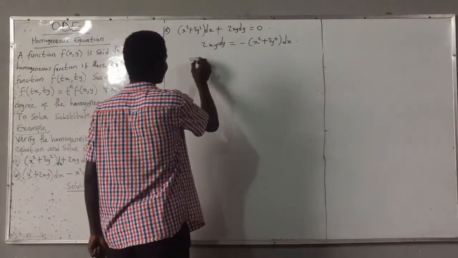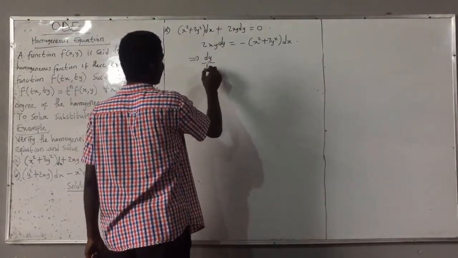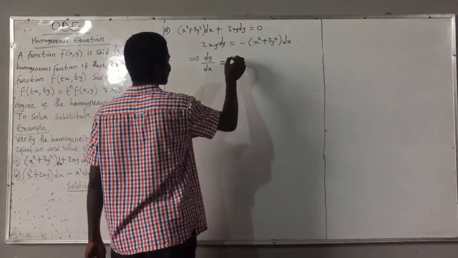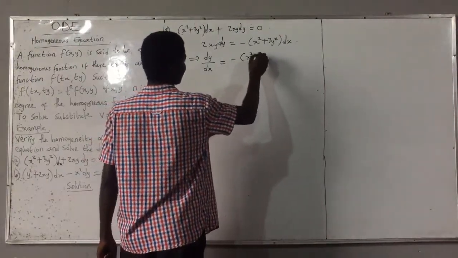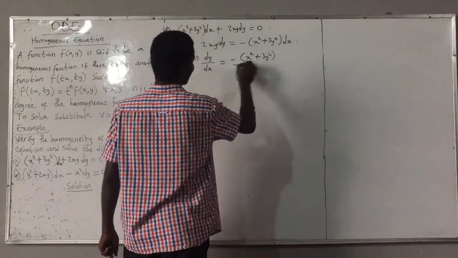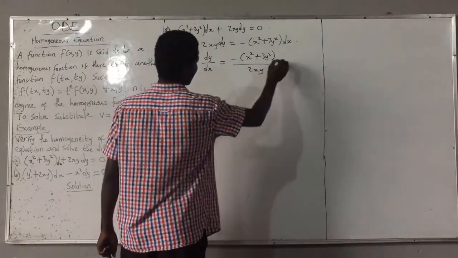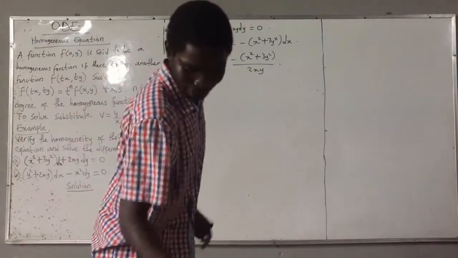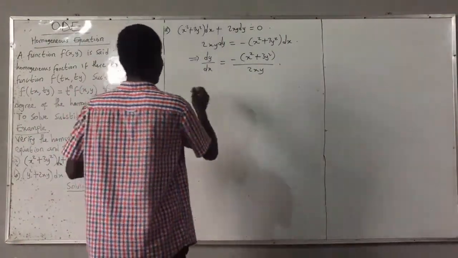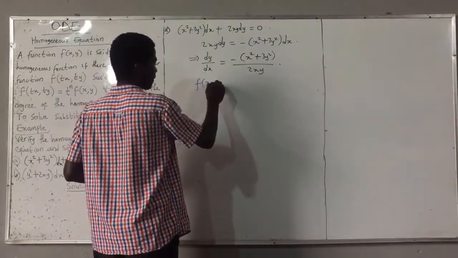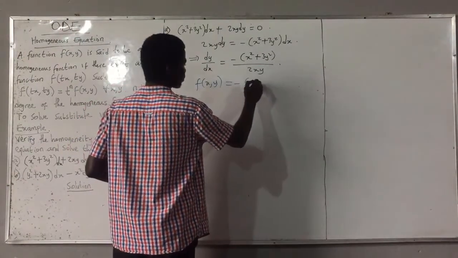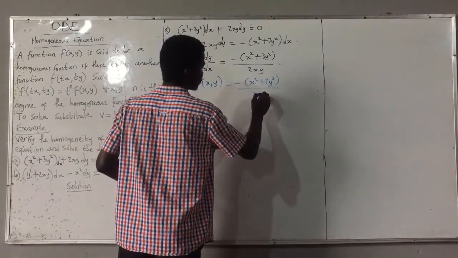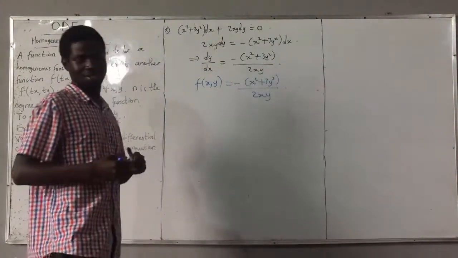So since it's not variable separable, make dy/dx the subject of formula. If you look at it very well, this one will come here, this one will come here. So dy/dx is minus x squared plus 3y squared all over 2xy. So this is your f of x, y.